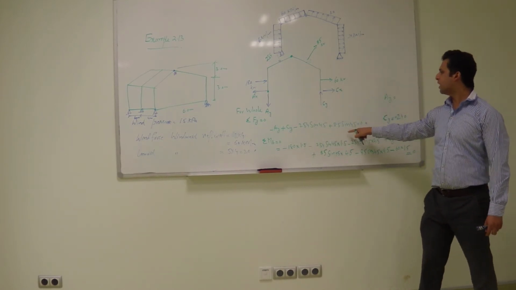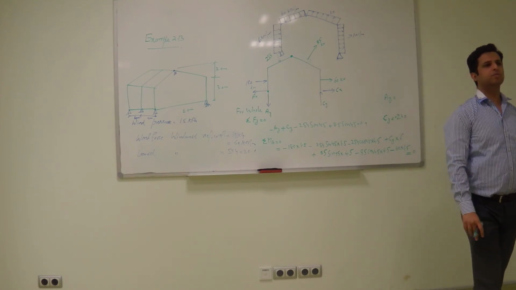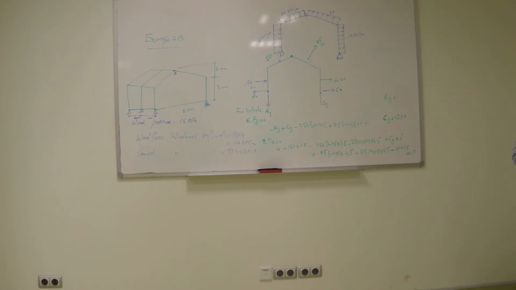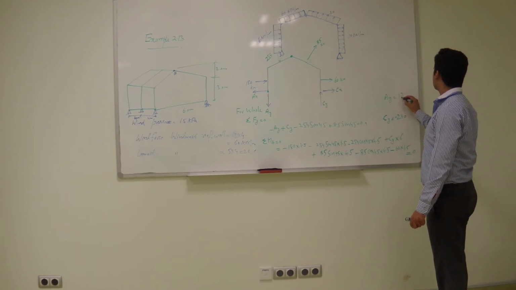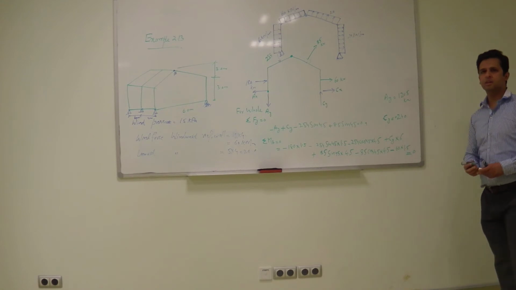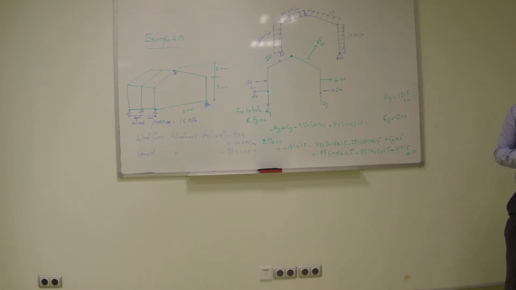Put CY in this equation and you will get AY. 120.5. Positive means your assumed directions are correct. If the answers are negative, it means your assumed directions are wrong.